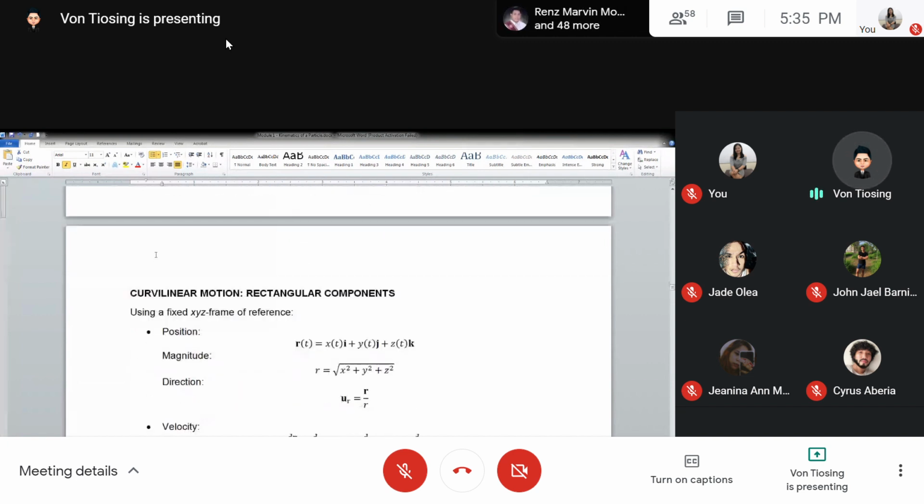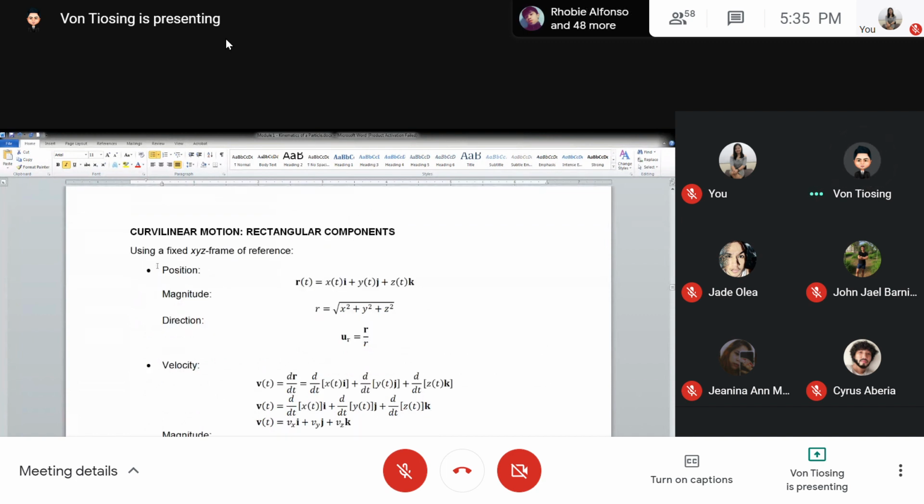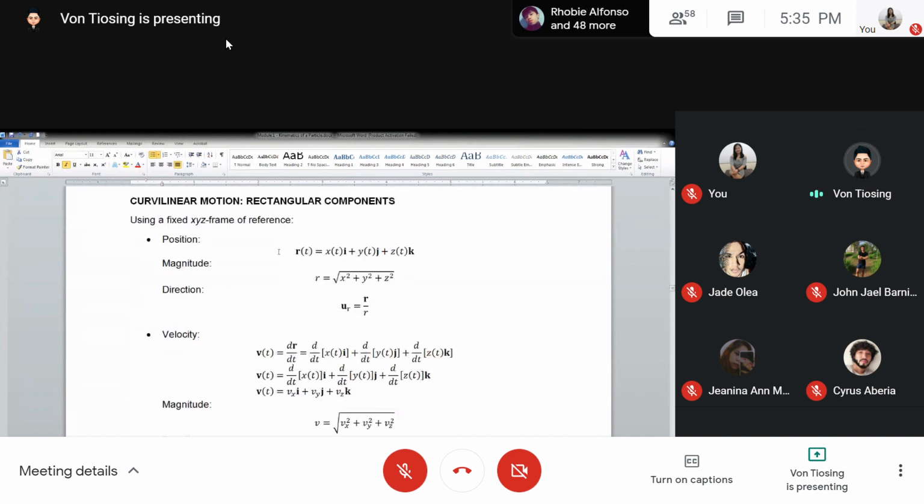Medyo technical lang, kaya hindi ko na siya idedetalye. Yung mga formula rito are just for representation mathematically. Pag vector kasi guys, ang ibig sabihin nito, we have a position r with respect to time t or parameter t.